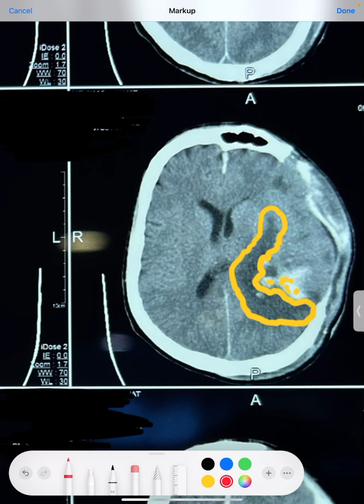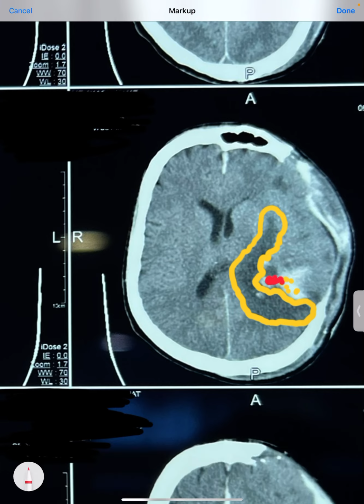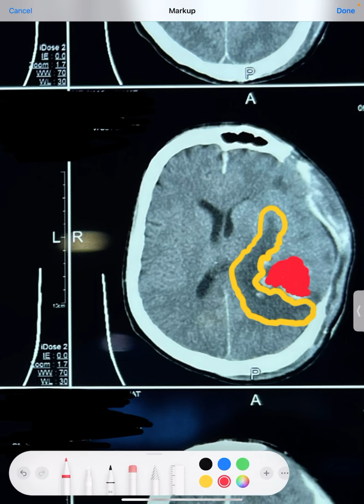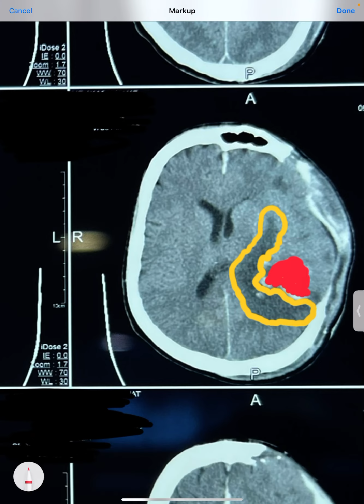So the bleeding is crystal clear present in this area, and this is simply causing compression over the adjacent brain area. It is reducing the blood flow, it is reducing the functioning of the nearby brain. So this is bleed, and this is edema, which is very crystal clear.